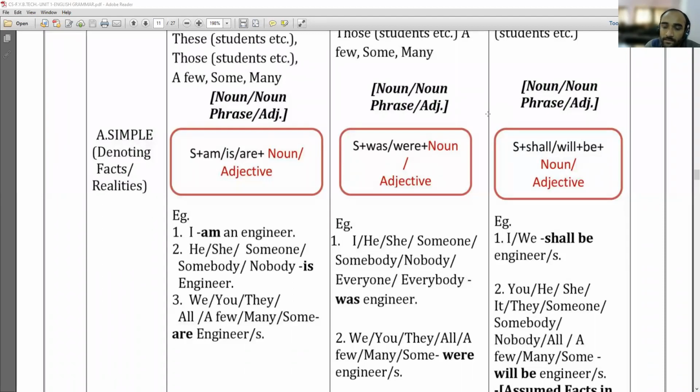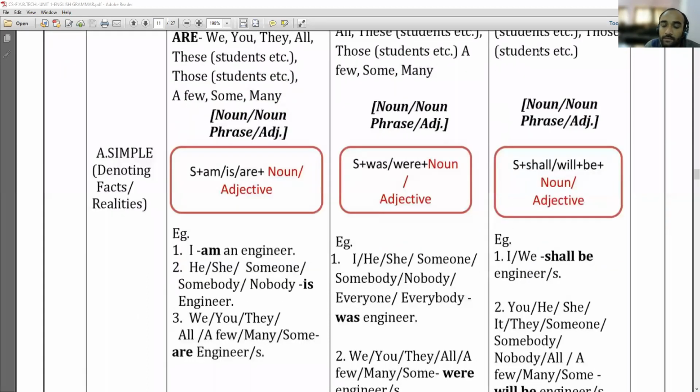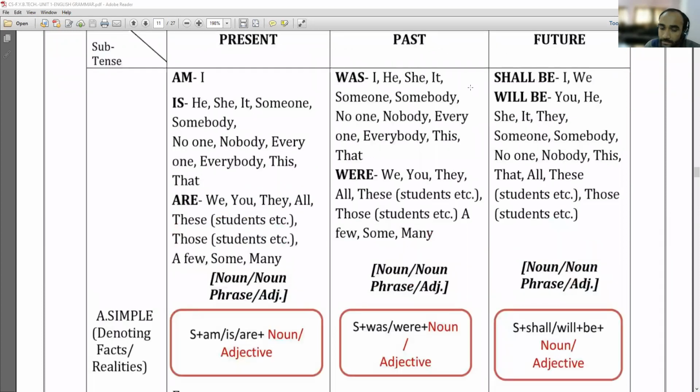It might be present tense, past tense, or future tense. All of these denote or show the facts in the present, past, and future. This we studied in the last lecture. We have also discussed for which subject or pronoun we can use am, where to use is and where to use are.